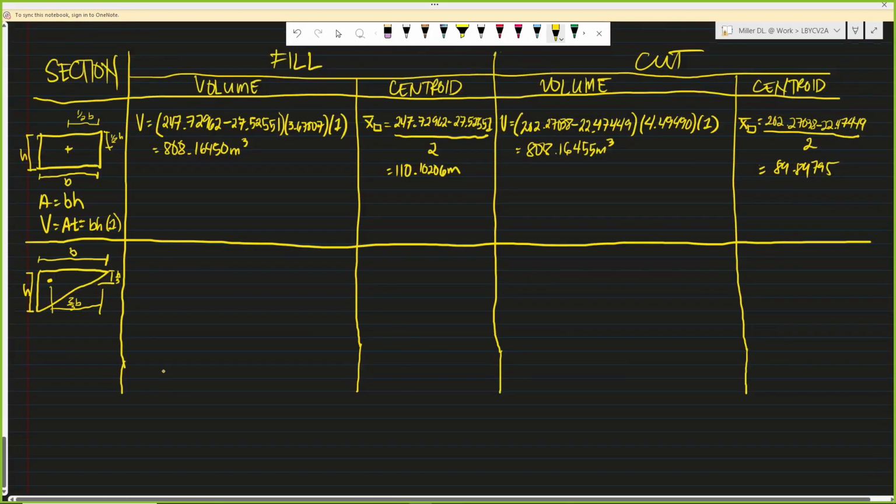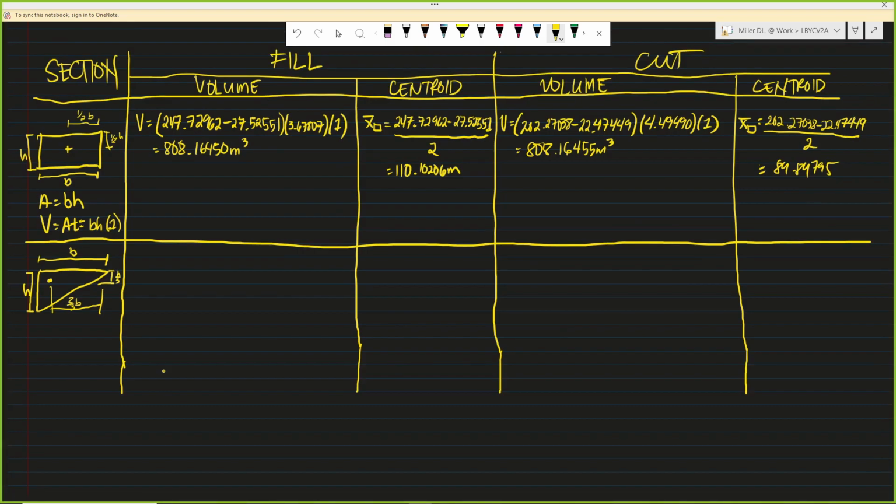Okay? So, with that, as for the volume, ganun din. So, area is equal to 1/2 base times the altitude. As for the volume, it is also area multiplied by the thickness. So, 1/2 base times altitude times 1. Okay?